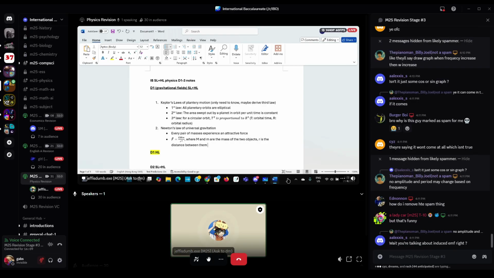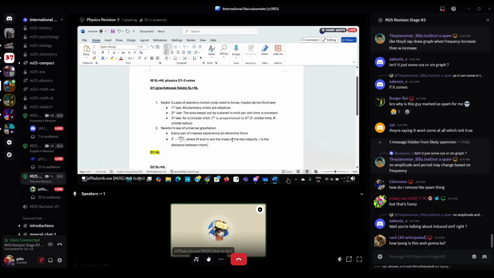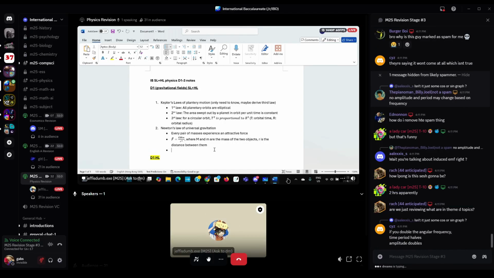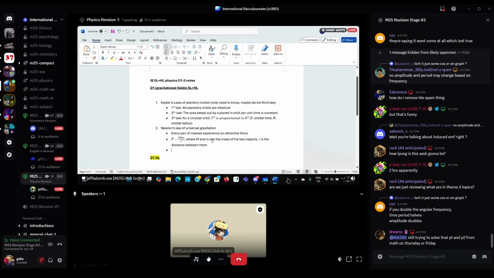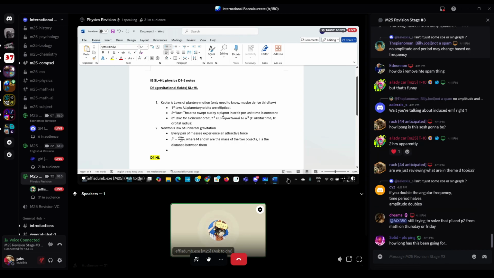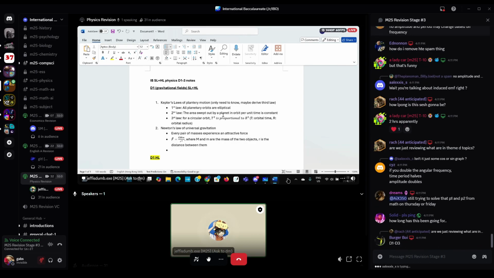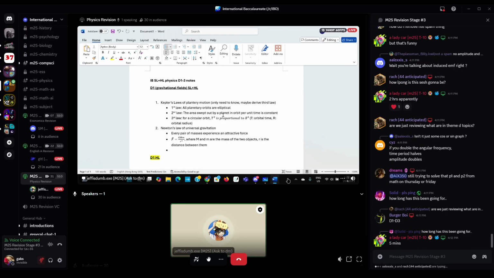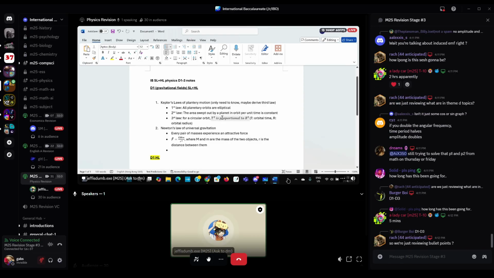Note that F is a vector, so you need to consider the direction of the gravitational field, and understand that it's attractive. When they ask you about gravitational fields, please don't write that gravitational fields repel masses. That's essentially the one key equation you need to know.